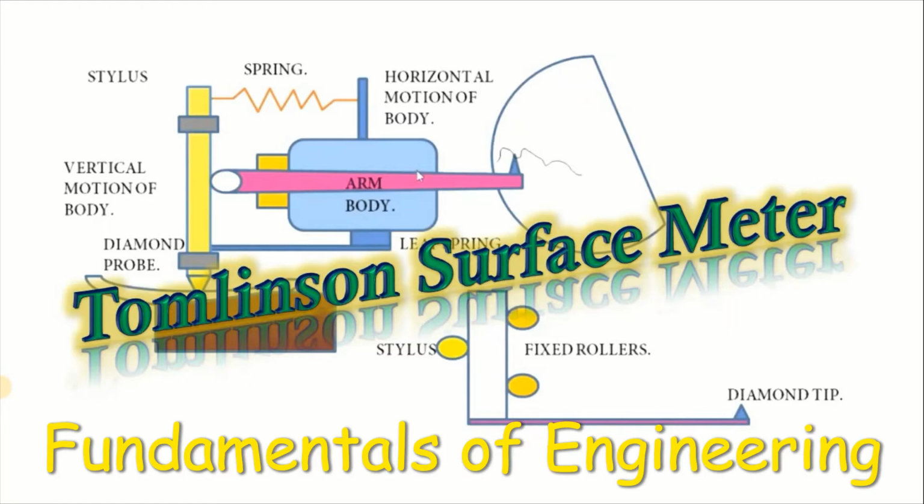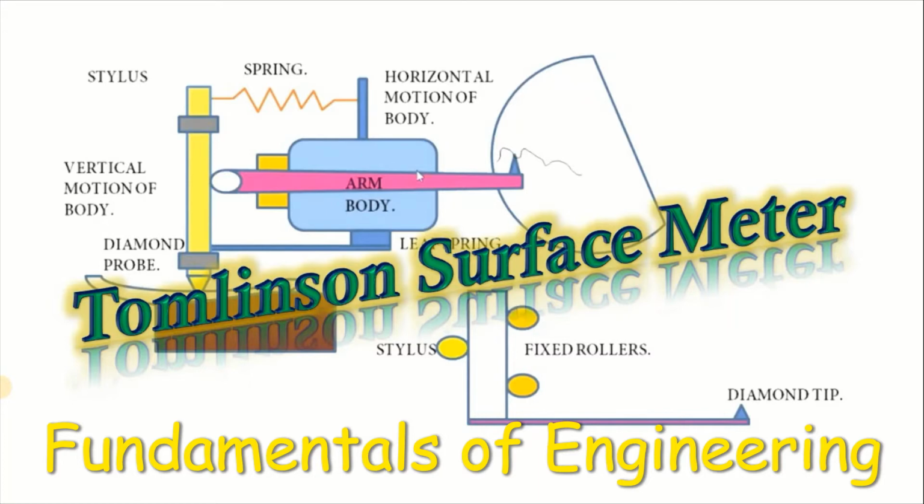Another is direct instrument measurement, which enables us to determine a numerical value of the surface finish of any surface. In the comparison method we do not get the surface roughness value, but in direct instrument measurements we get the numerical values for the surface finish.